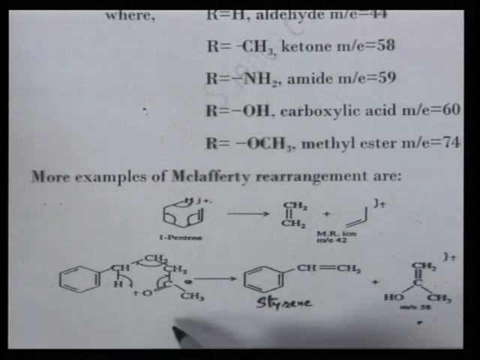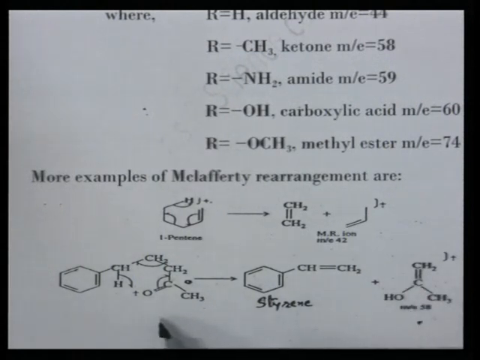Similarly, this is a ketone, an aromatic substituted ketone, an aromatic aliphatic ketone. The aliphatic chain terminal hydrogen is replaced by a phenyl group, and we get a neutral molecule of styrene after rearrangement, and the McLafferty rearranged ion is obtained at m/z 58.